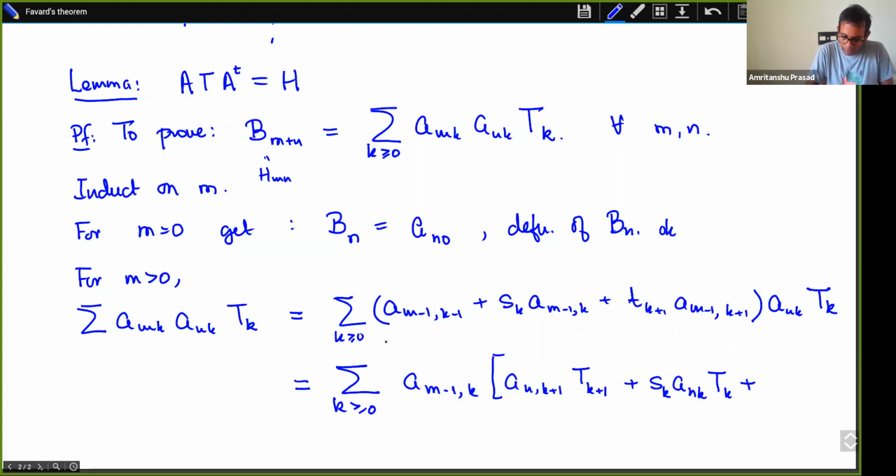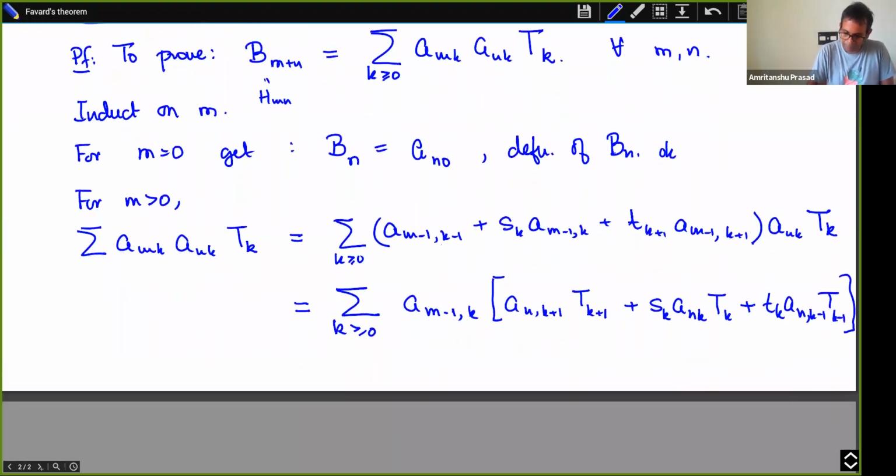And then I will reindex the k for each of those sums accordingly. So the first sum would just be am minus 1, k minus 1, a and k. If I reindex, that will become am minus 1 k, a and k plus 1, tk plus 1, and then this becomes this, and the last one becomes tk times an k minus 1 tk minus. So just re-indexing each of those things separately.